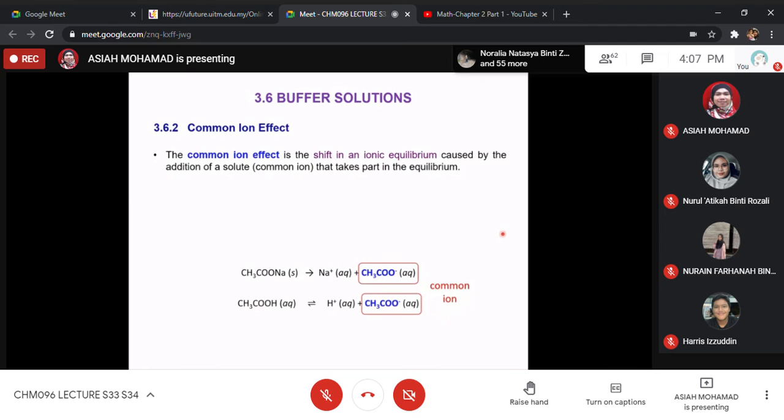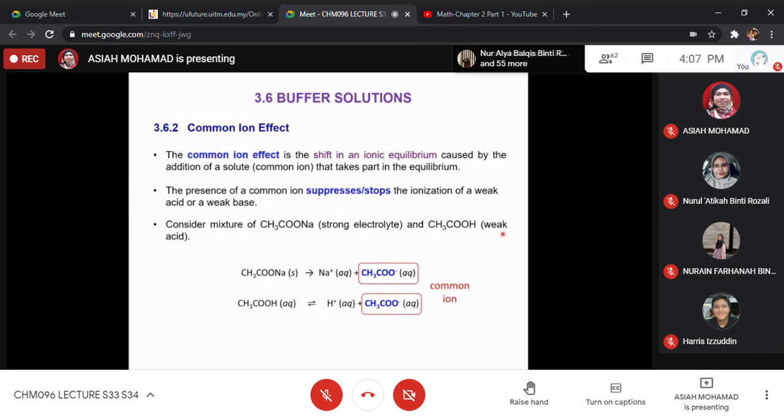In order to understand the chemical reaction that takes place in a buffer solution, we need to understand the common ion effect. So let us consider the acid-base properties of a solution with two dissolved solutes that contain the same ion.